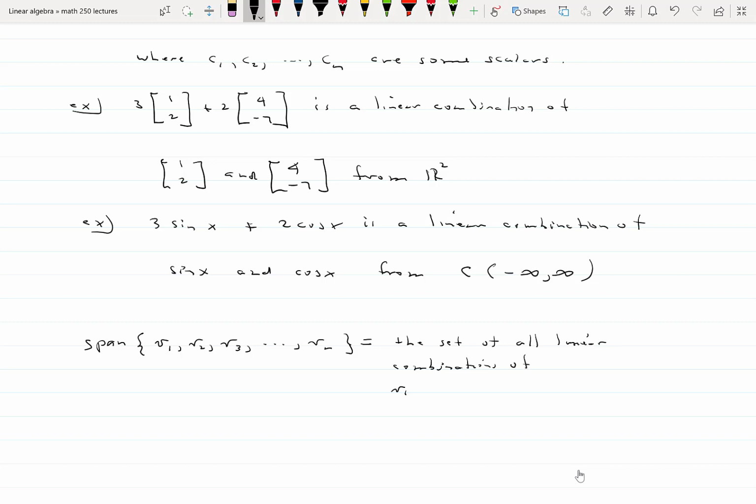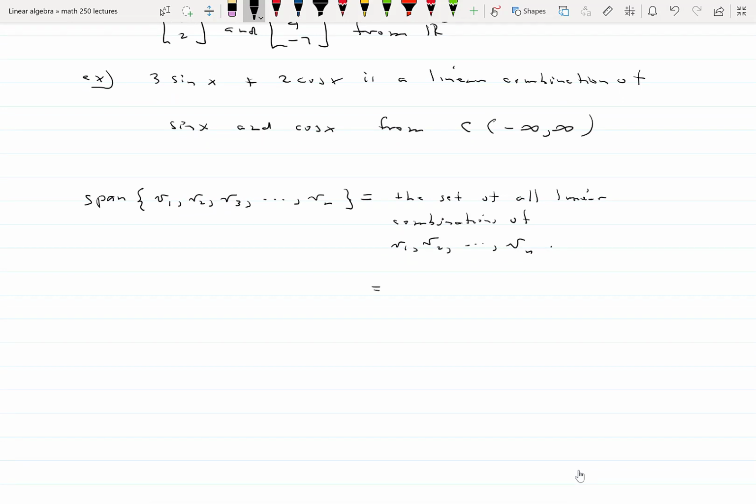In more formal notation, it's the set of all v from the vector space V such that v equals c1 v1 plus c2 v2 plus dot dot dot, all the way up to cn vn, for some scalars c1, c2, all the way up to cn.